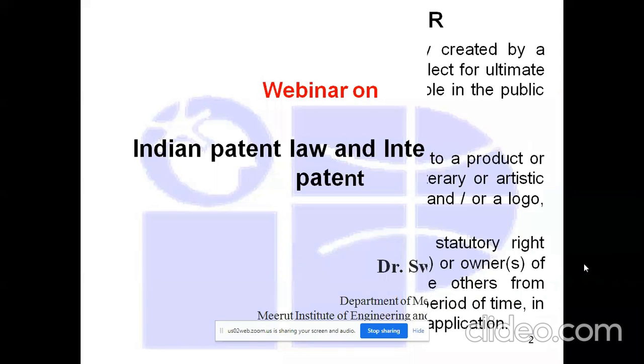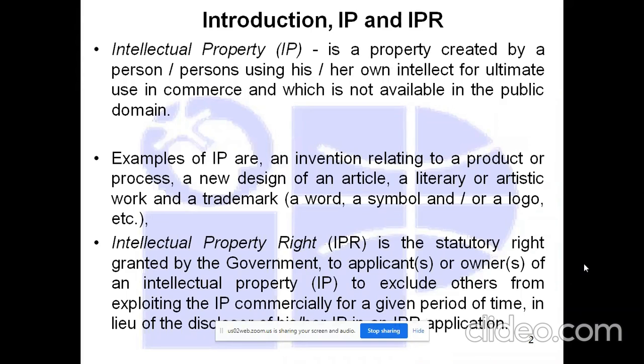Right now we can start with a little introduction to IP and IPR, before going forward to patent law, Indian or international, and the difference between them. Intellectual property is property created by a person using his or her intellect for ultimate use in commerce, which is not available in the public domain.